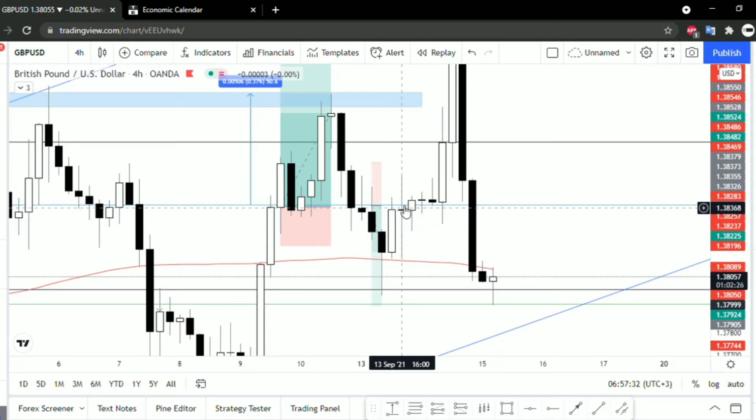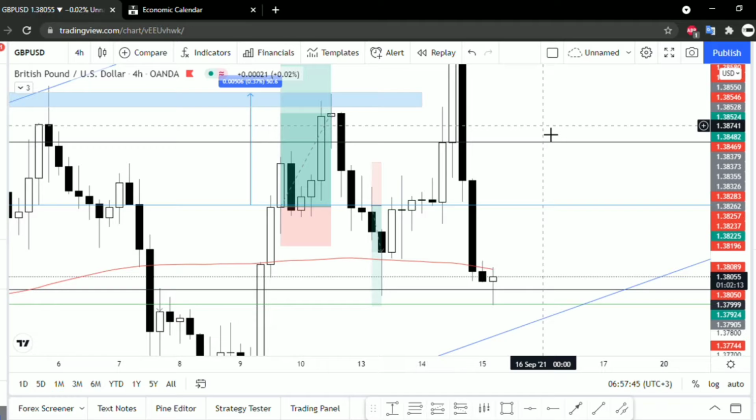It shows indecision because the price opened, went all the way down, went all the way up, then closed almost where it had initially opened.